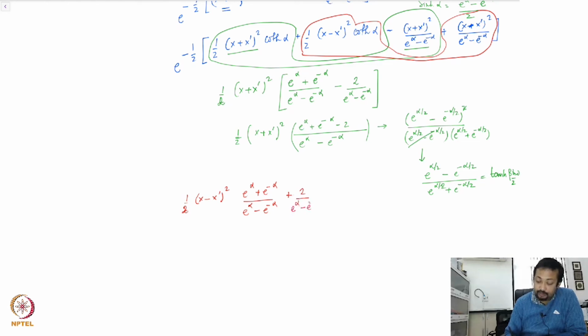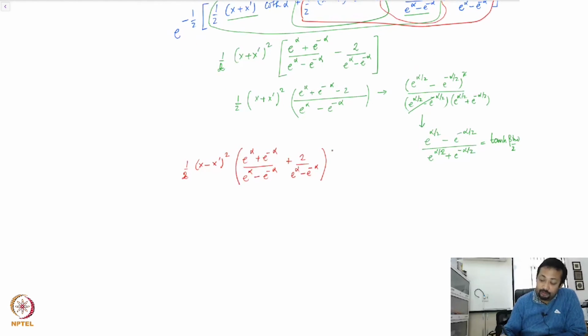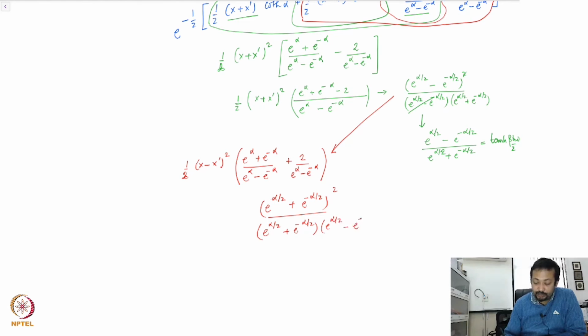Again, one follows the same route and comes up with (e to the power alpha by 2 plus e to the power minus alpha by 2) whole square divided by (e to the power alpha by 2 plus e to the power minus alpha by 2) times (e to the power alpha by 2 minus e to the power minus alpha by 2), and this you immediately see is going to be coth beta h bar omega by 2.